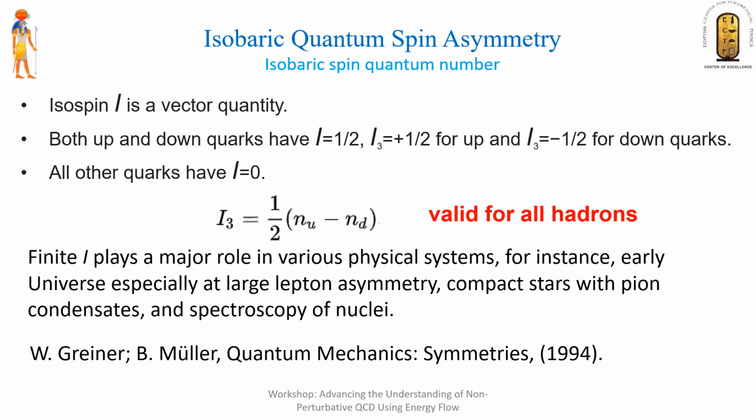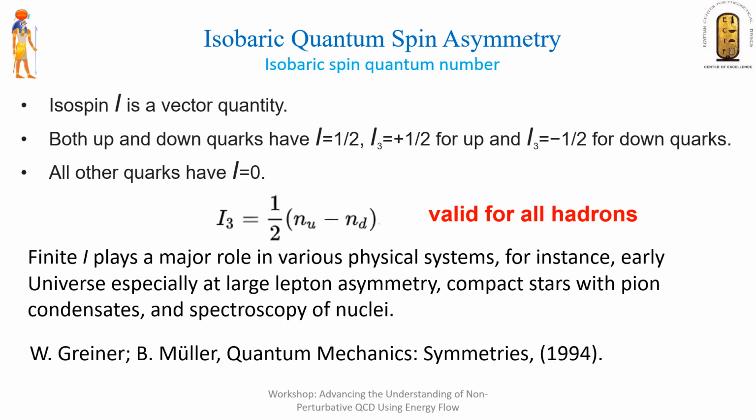For us now, the isospin is a vector quantity which can also be applied to quarks, to up and down quarks. For instance, for up and down quarks, the I vector quantity equals 1/2, but the two are distinguishable if we go to the third component, I3.